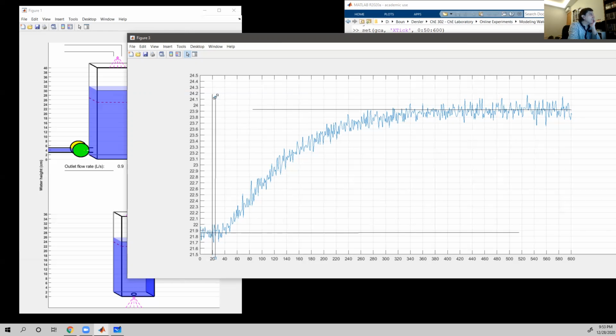Okay, what else? Now let's draw the process reaction curve. So the region with the curve, yeah, that seems pretty much okay.